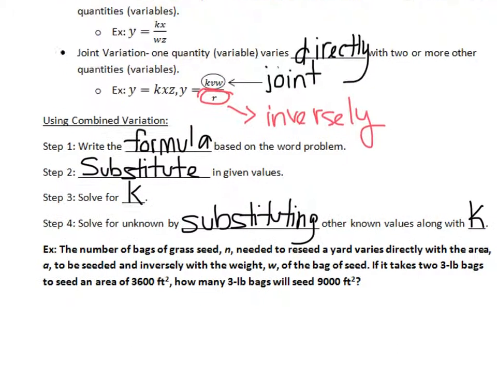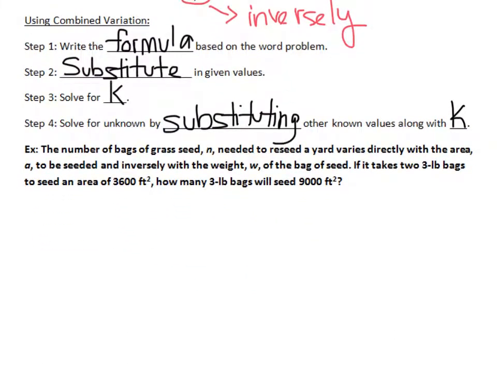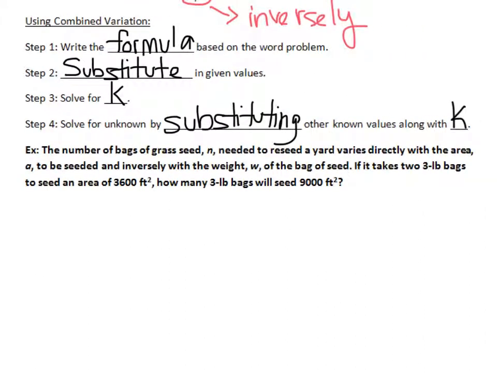So our first problem says the number of bags of grass seed N needed to reseed a yard varies directly, well, directly means we're going to multiply. It would have said joint there if there was more than one variable.